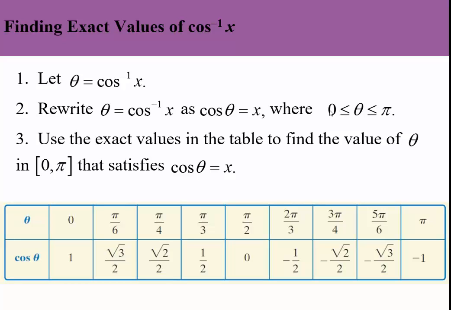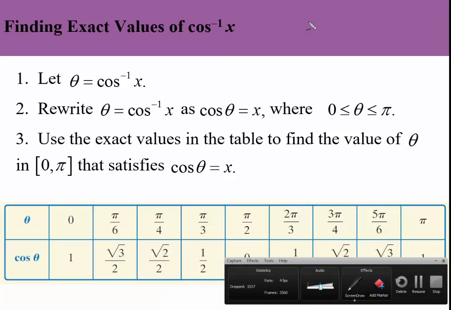Now let me show you something on the inverse cosine that's a little different here. If we're looking at the inverse cosine, the values go from 0 to pi. So we're going to look at all of these angles between 0 and pi in the first and in the second quadrant.